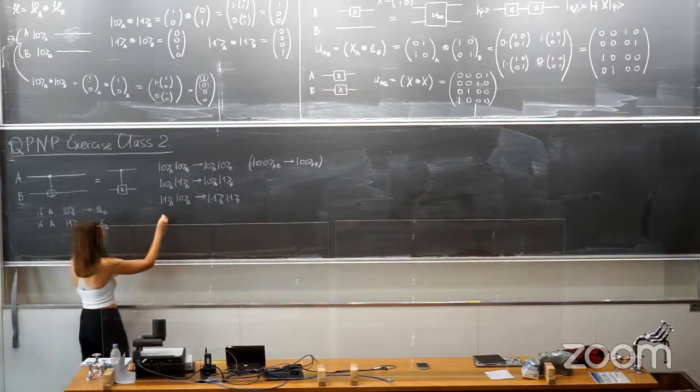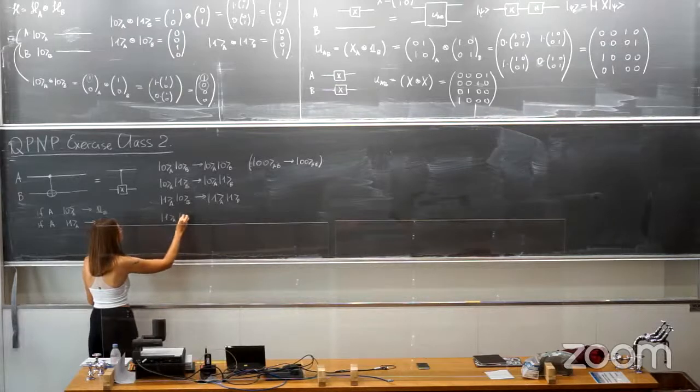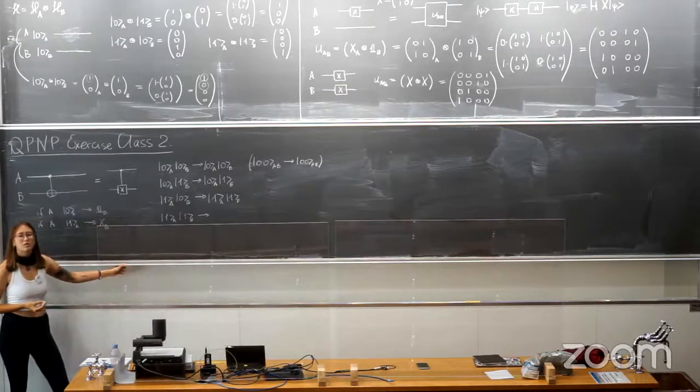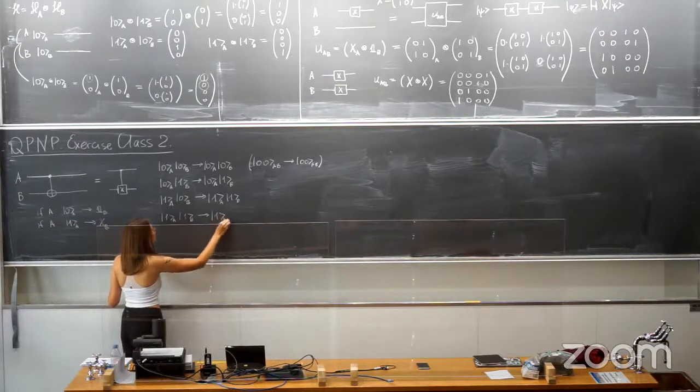Right? And finally, if system A is in a state 1 and system B is in a state 1, then what happens? So yeah, we're going to get 1, 0.